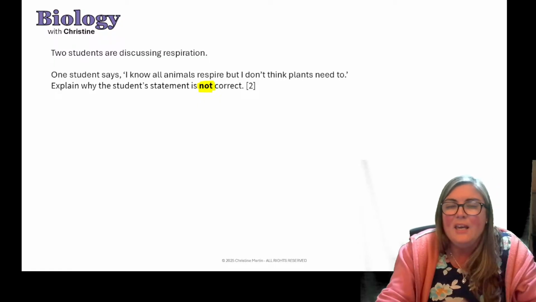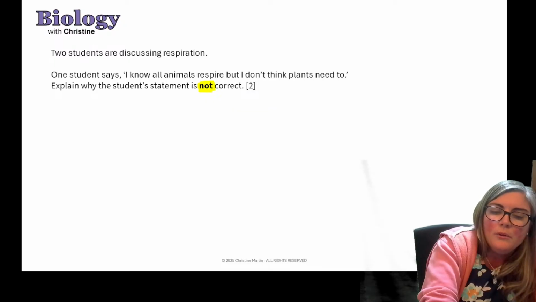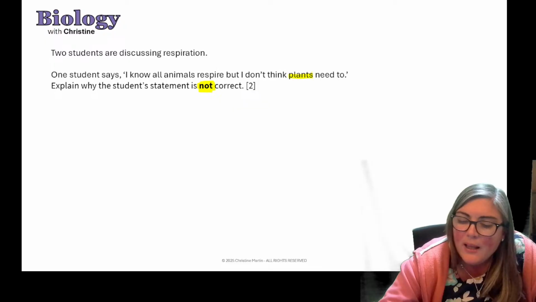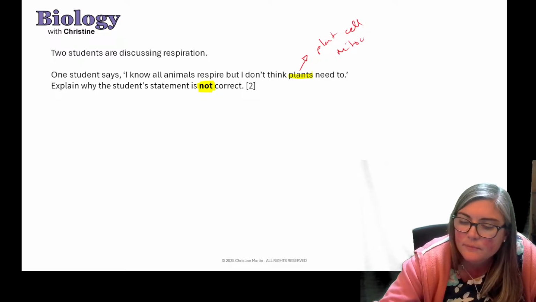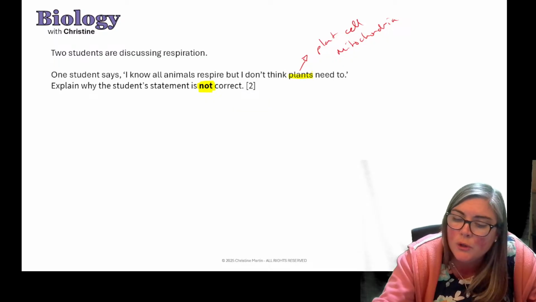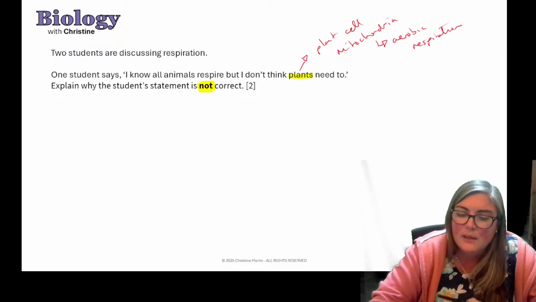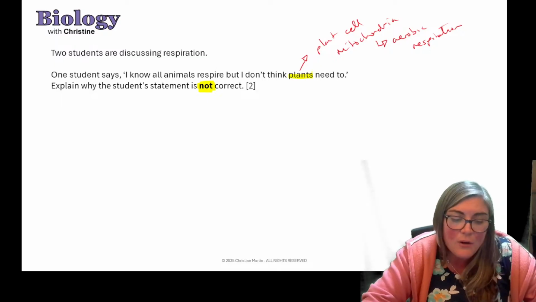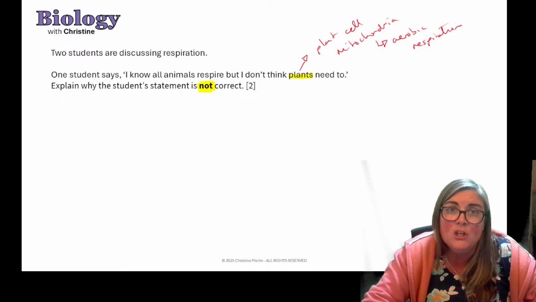So what's the key thing to note here? Well, the key thing to know is we're talking about plants. Plant cells obviously have mitochondria. So if they have mitochondria, they therefore do aerobic respiration. However, it doesn't say whether it's aerobic or whether it's anaerobic respiration. It just says respiration.